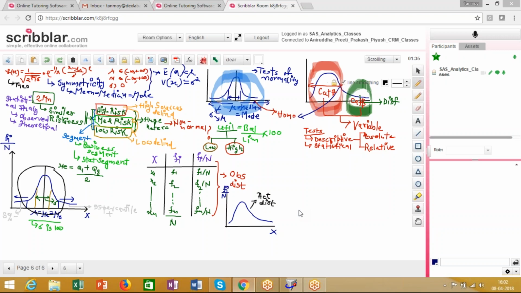Let's take the case of a portfolio loss distribution.